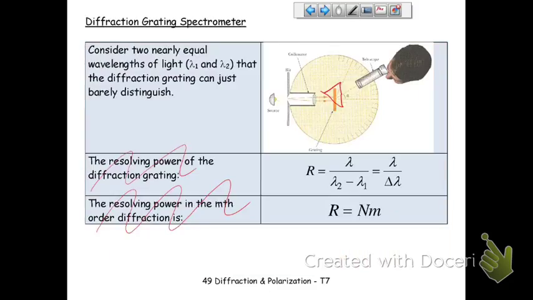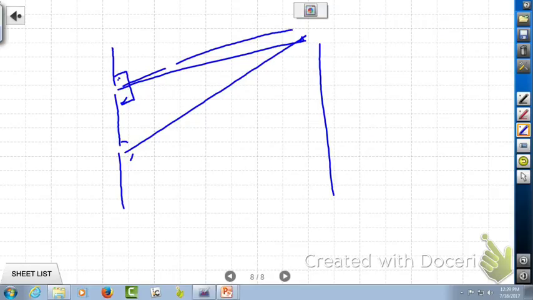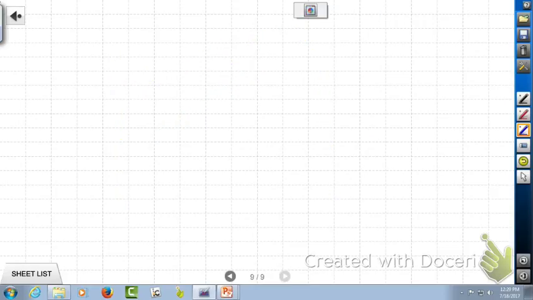So this is a typical question for diffraction gratings. I have 600 lines per millimeter. That's my diffraction grating's frequency. 600 lines per millimeter means 600 gaps per millimeter.